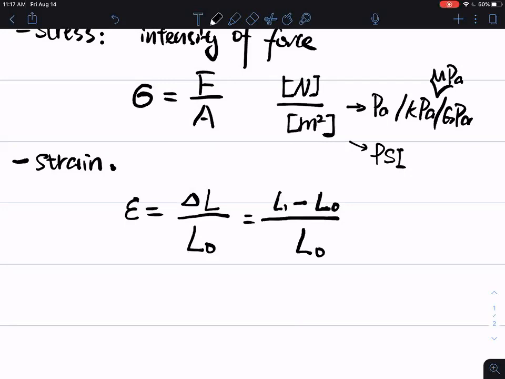Meters. What's the unit of L0? Meters. Meters over meters cancel off to nothing. Yes, it's unitless. You can say the unit is 1. It doesn't have a unit.